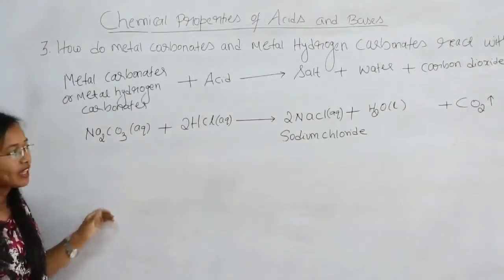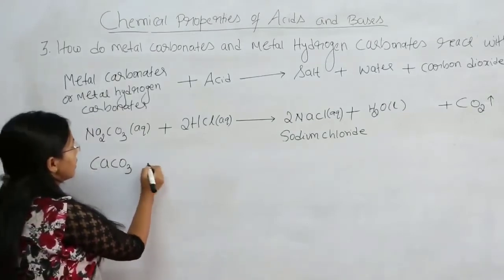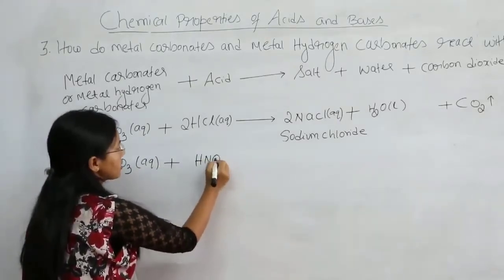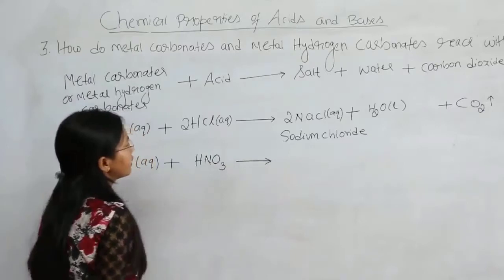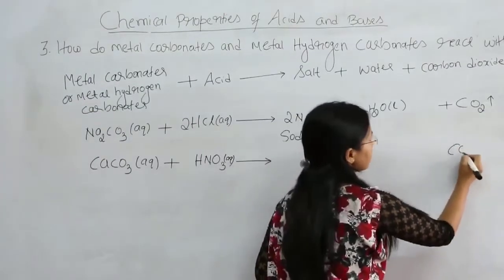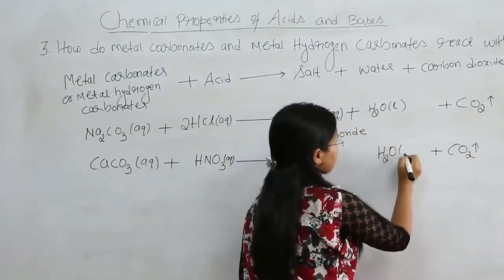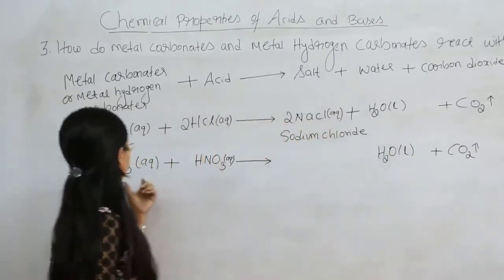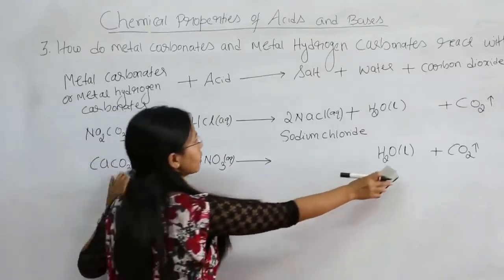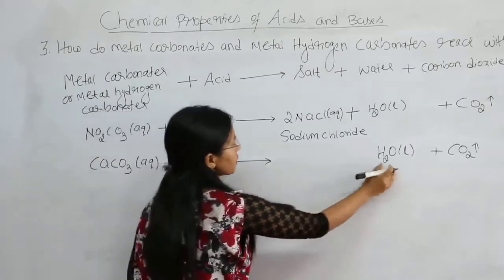Now let me give another example: calcium carbonate, CaCO3, in aqueous form, reacting with nitric acid, HNO3. Here you will have carbon dioxide, CO2, and water. Two oxygens are taken, 1 is here, but you have 2 hydrogens, so you need to multiply by 2 and H2O is balanced.